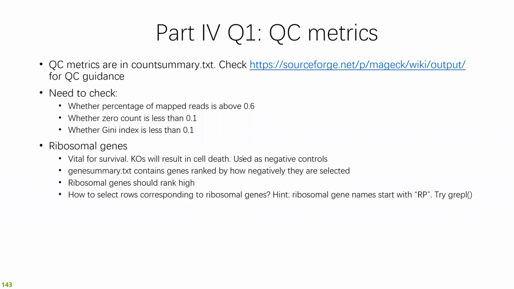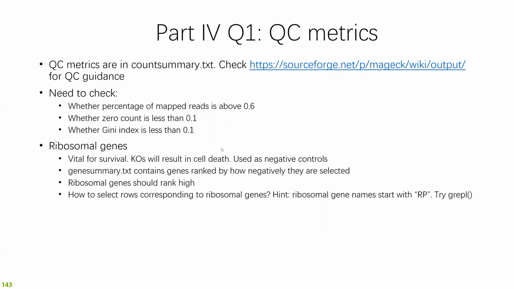So finally, for question 1, we ask you to look at the QC metrics. After running the above commands, you will get QC metrics stored in this count summary.txt file. And you should check this page for QC guidance. It contains information on which column corresponds to which QC metric.